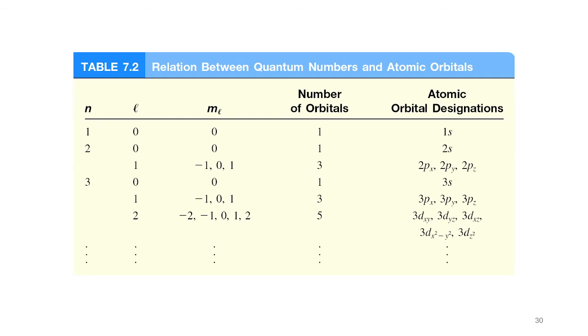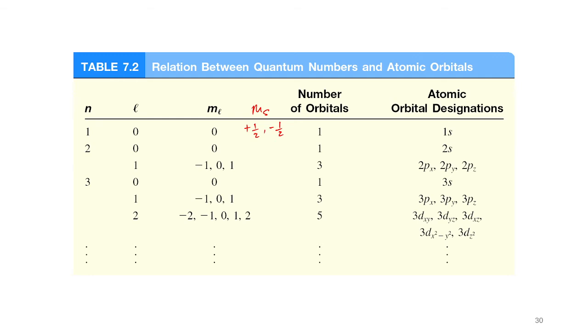So, if we add the spin, for any orbital there are actually two seats, or two spaces. One has a spin of positive one half, and one has a spin of negative one half.